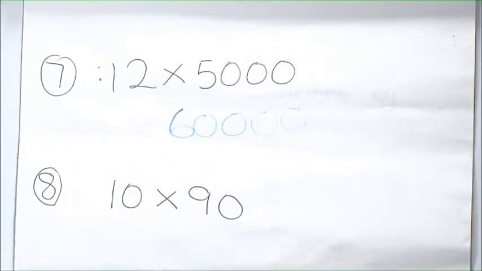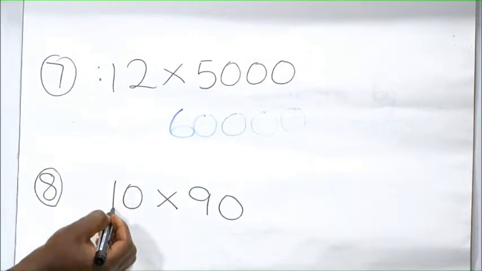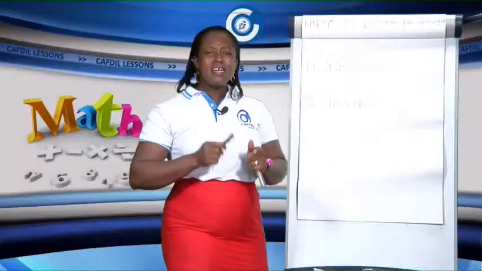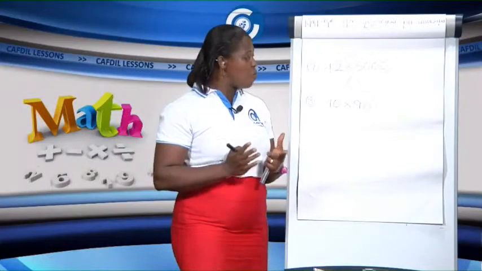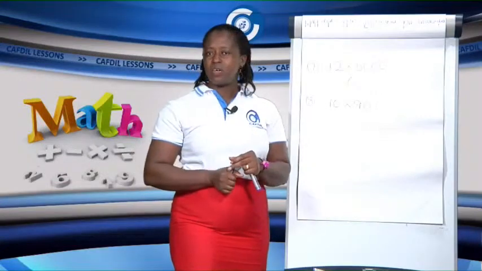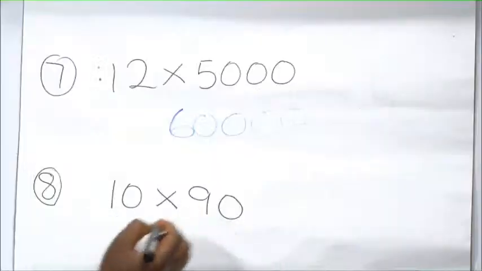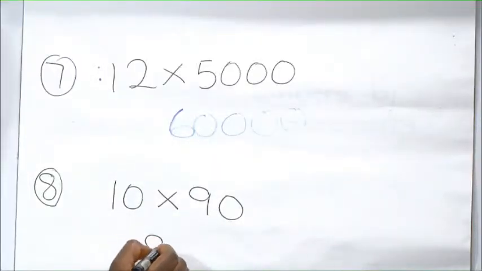We will leave the zeros for now. And remember, I told you any number multiplied by 1 is the same as that original number. So this time, 1 times 9 will give us 9.